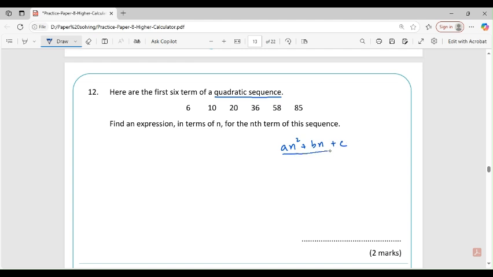This is something that you must always remember. So for the first one, we will not take all the values, we just take the first 4 or 5 values.